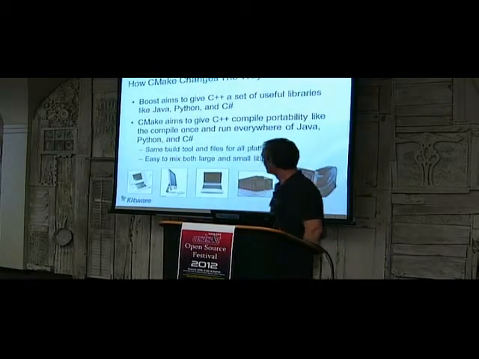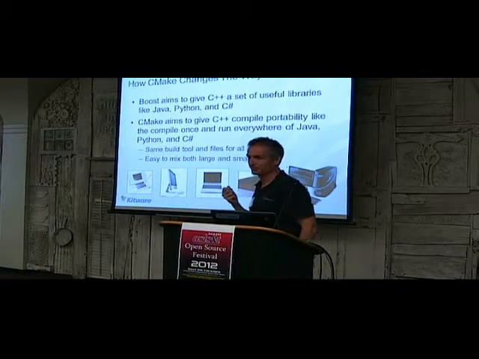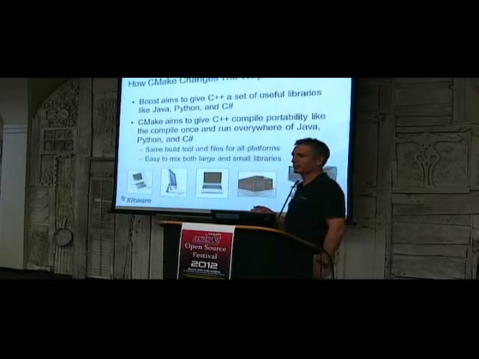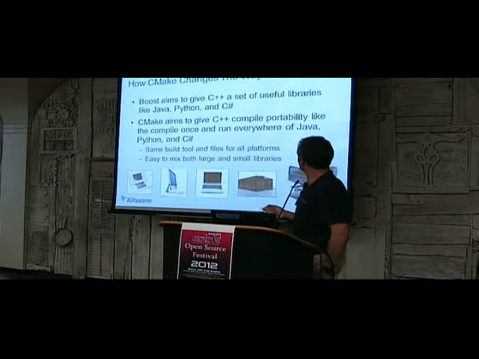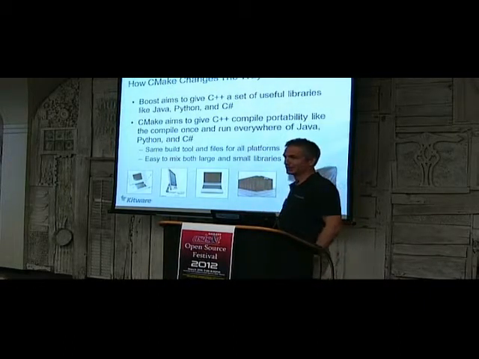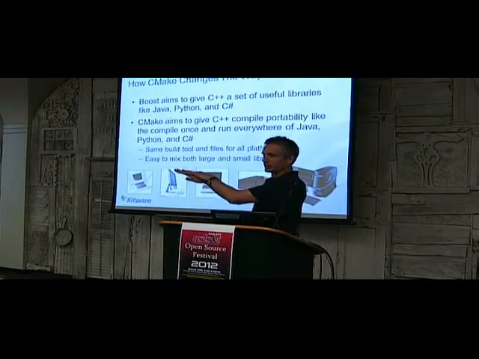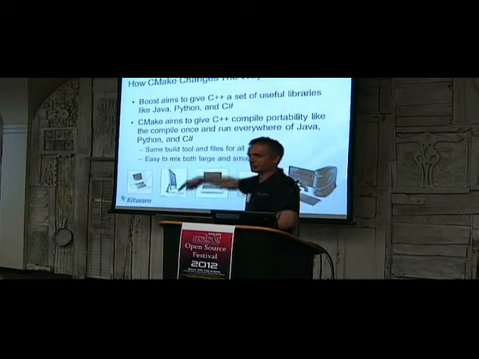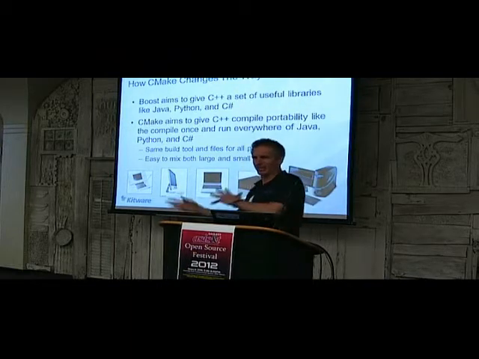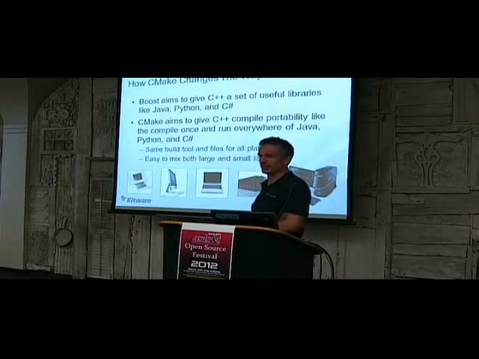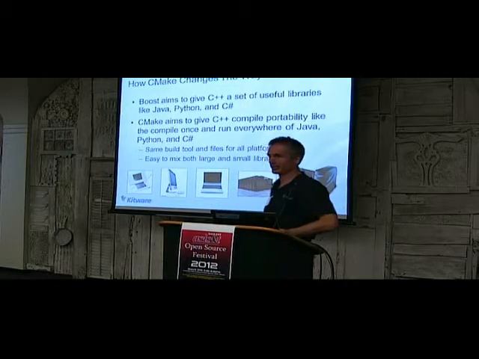Well, I saw David Abrahams, one of the lead developers for the Boost project, which aims to give C++ a set of useful libraries. And he had this really cool slide. He says, here's Java, here's all the classes that come with it. It had hundreds of really cool sounding classes. And here's Python, and it's got stuff that does networking and all this stuff. And here's C#, and it has pages of classes that come built in.